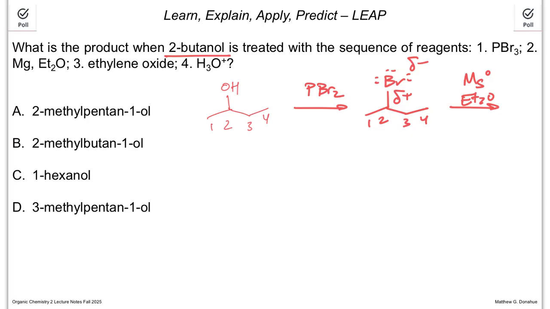That's going to invert the polarity and make a Grignard. So that's a carbanion.